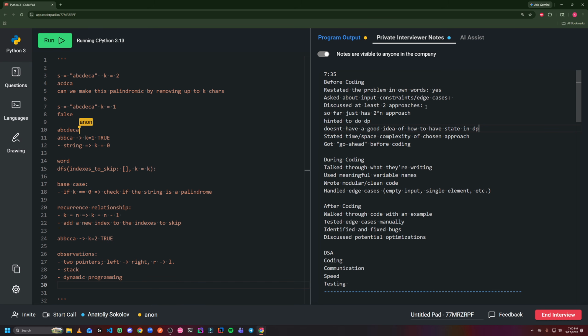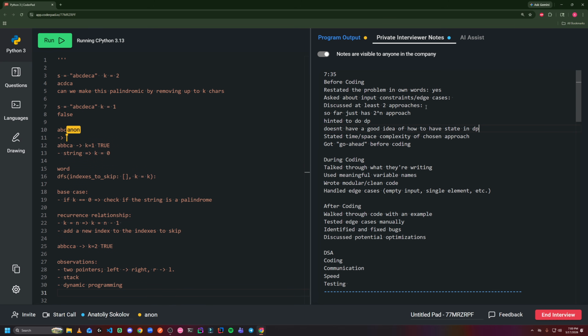Okay, so let me take a look at this example again and try to figure out what the tractable subproblem is.